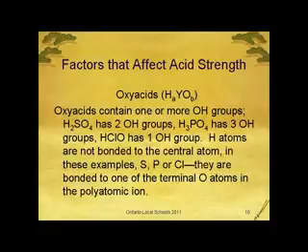So H2SO4 has two OH groups, H3PO4 has three OH groups, HClO has one OH group. Hydrogen atoms that are not bonded to the central atom, in these examples the sulfur, phosphorus, or chlorine, are bonded to one of the terminal oxygen atoms in the polyatomic ion. That's critical to understand.